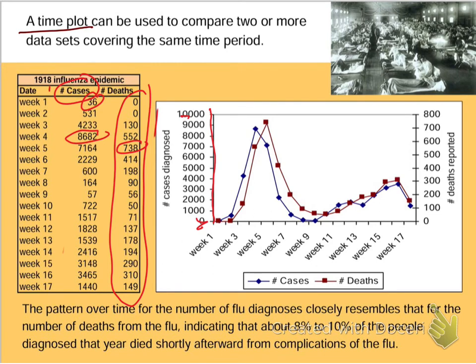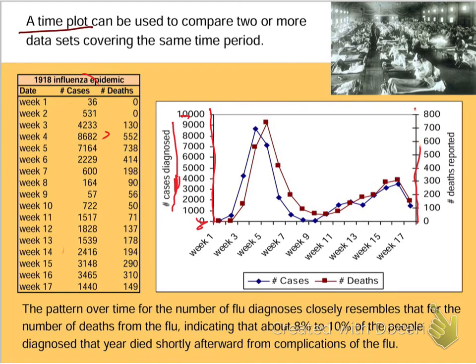So okay, I can use this scale for the cases diagnosed, and I can use the right y-axis to represent the deaths. So if I want to graph or represent the deaths, I have to measure through this y-axis. If I want to represent the cases, I have to use this y-axis. Okay, I hope it's clear.